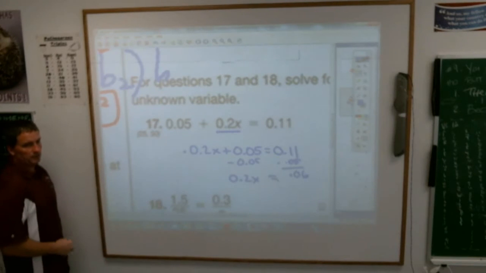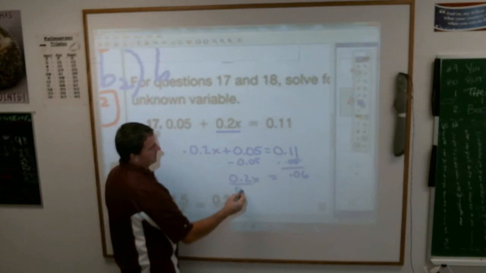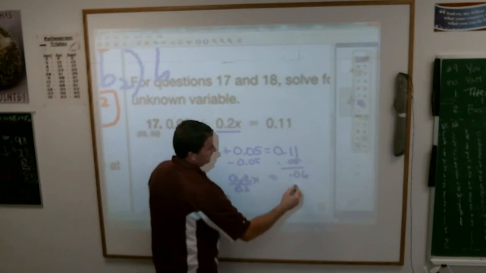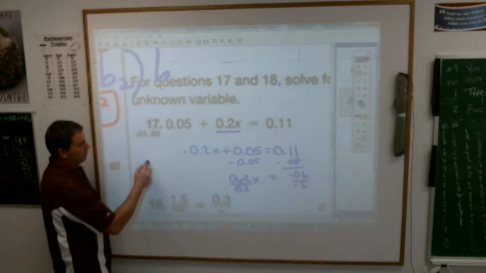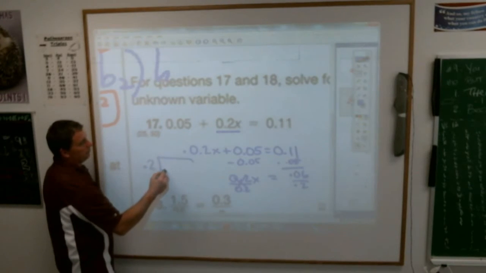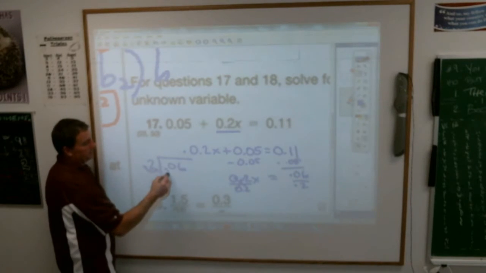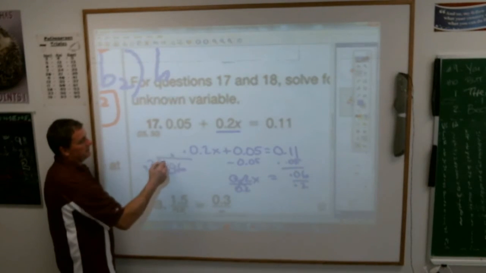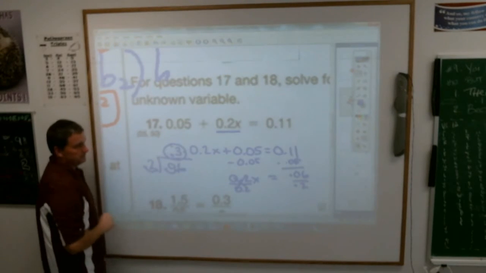How do I get rid of the thing in front of the x? Always last step divide. So divide by 0.2. And I suppose people probably ran aground there, but if you write that out, 0.2 divided into 0.06, you move the decimal 1 place here to get rid of it, decimal 1 place there, 2 goes into 6 3 times.